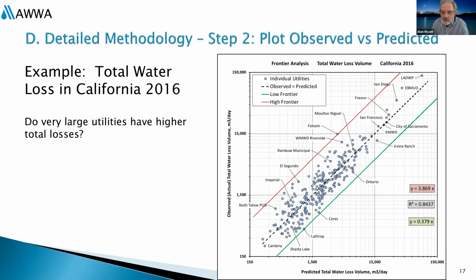All right, here's a real case of that methodology for just 2016 in California, LADWP way up here. It looks like there either is a little bit of bias, or perhaps the big utilities aren't quite as good as some of the smaller ones.